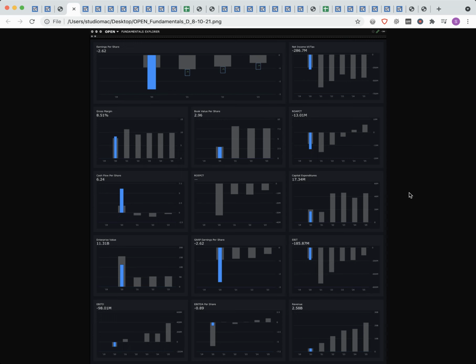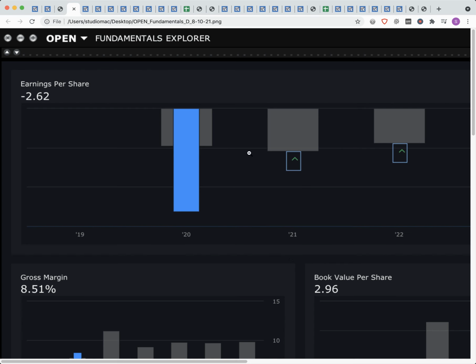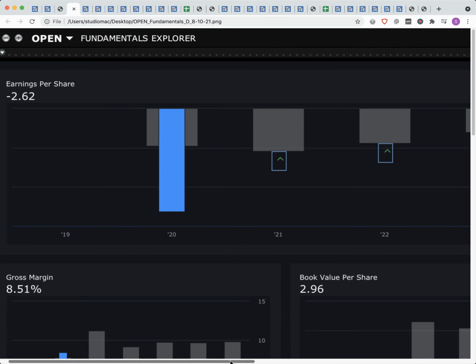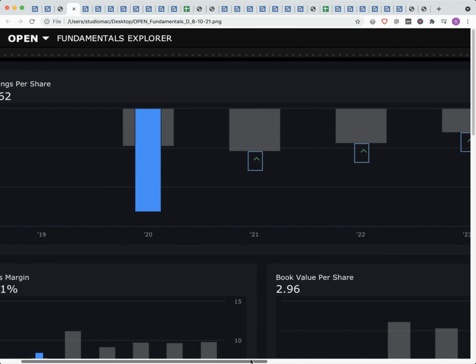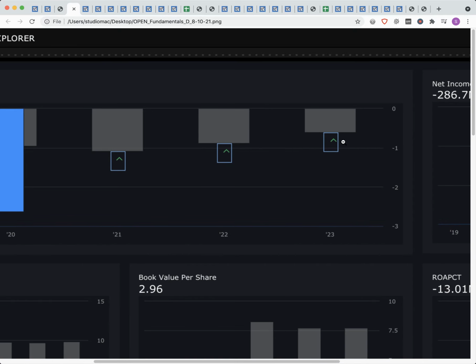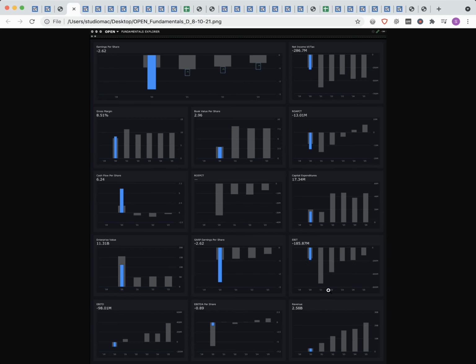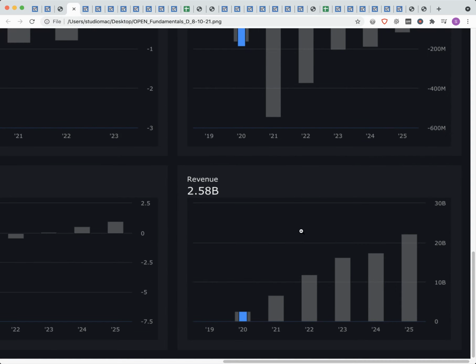If we look at the fundamentals on this, you can see earnings per share last year were obviously negative, but this year they're expected to be better, and then out to 2023 they're expected to improve. They're still expected to be negative, as you can see. From the revenue, which is another area that I focus on when I'm looking for stocks potentially moving into stage two, I look for strong revenue growth projected out through the years.